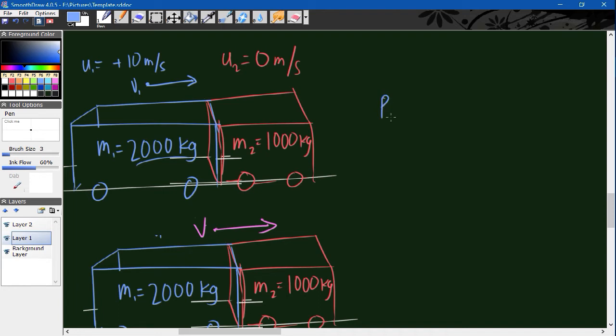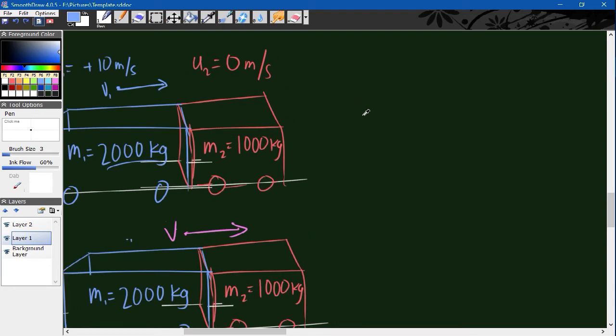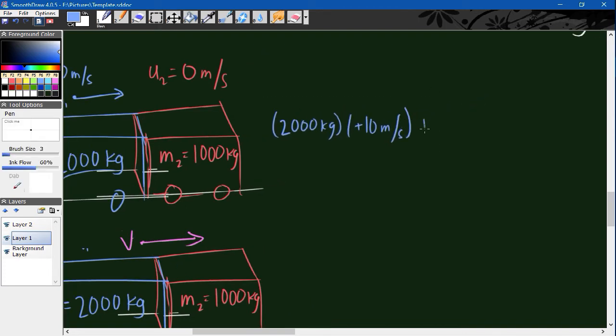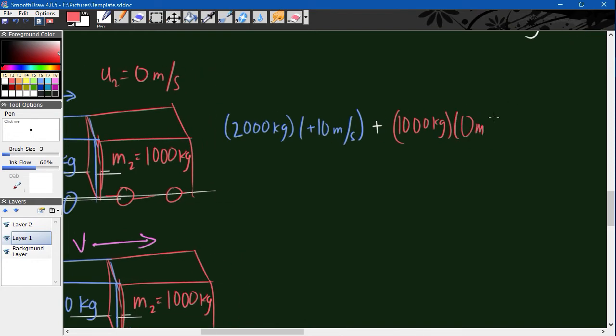Let's just write it directly. 2,000 kilograms times 10 meters per second, plus a fat zero, because 1,000 kilograms times 0 meters per second is just a fat zero.